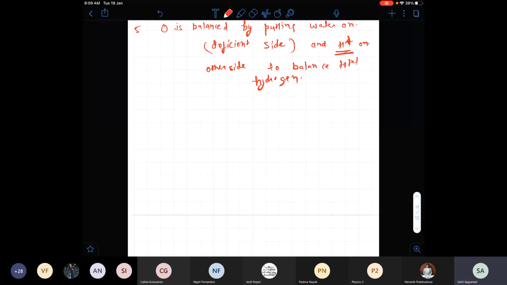Let's see an example now. If we have MnO4 minus giving Mn2 plus, how do we balance this? Am I audible to all? Yes, sir.